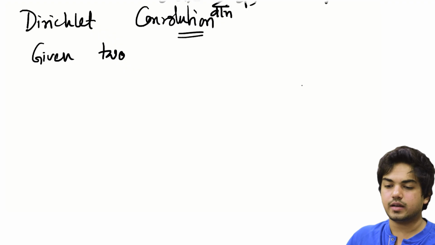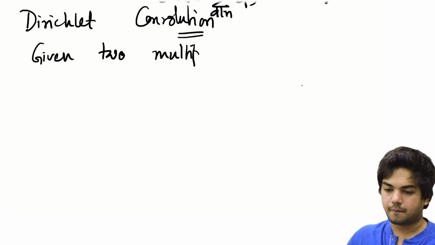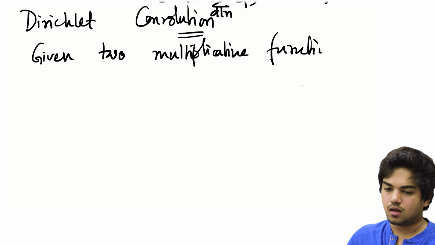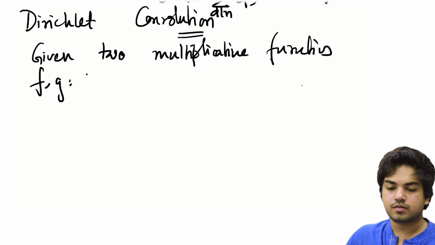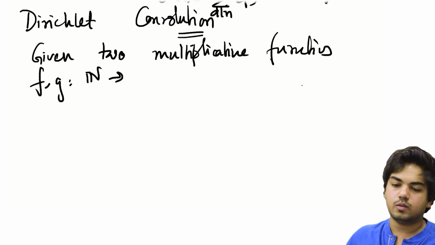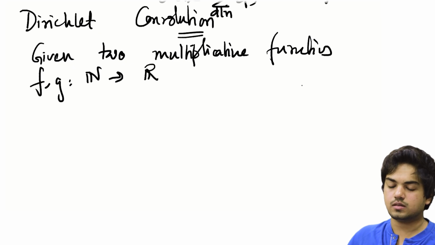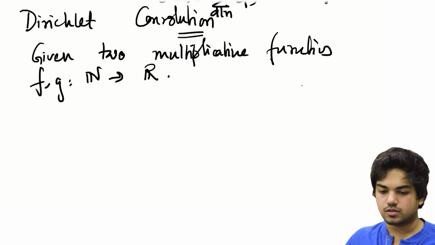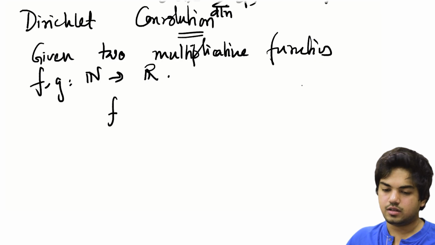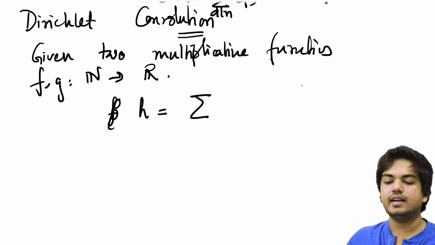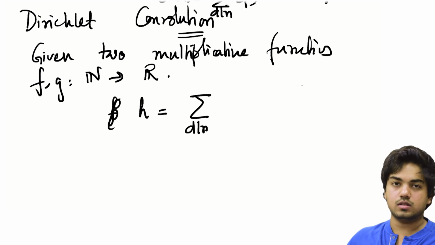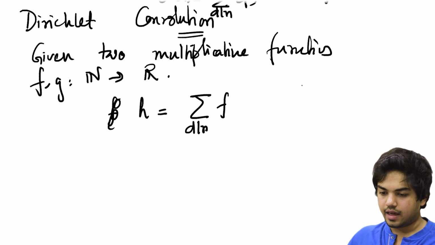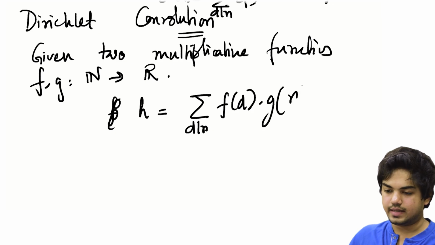Given two multiplicative functions f and g from the natural numbers to real numbers or complex numbers, doesn't really matter, as long as they're both multiplicative, I can make a new function, h, say. And it's defined as, running over the divisors d of n, f of d times g of n by d.